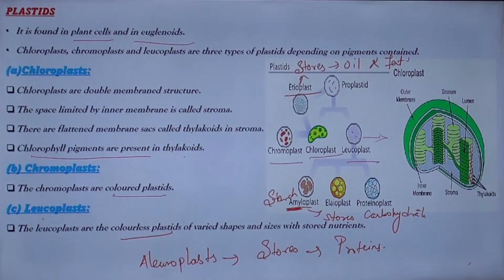Leucoplast is a colorless plastid. Amyloplast stores carbohydrates, elaioplast stores oil and fats, and aleuroplast stores protein. You have to learn this by heart because anyone can ask this question in your NEET examination.